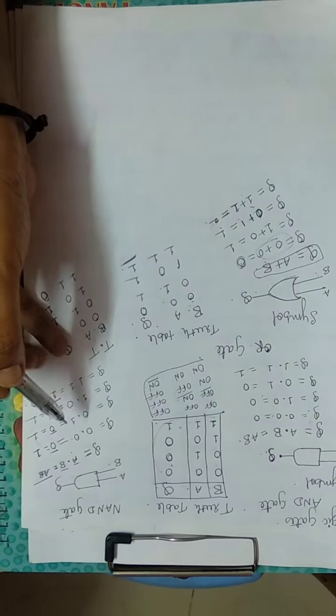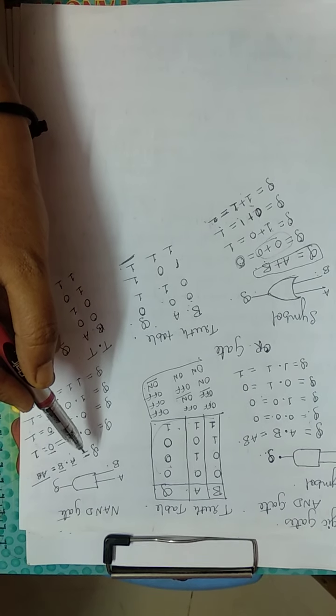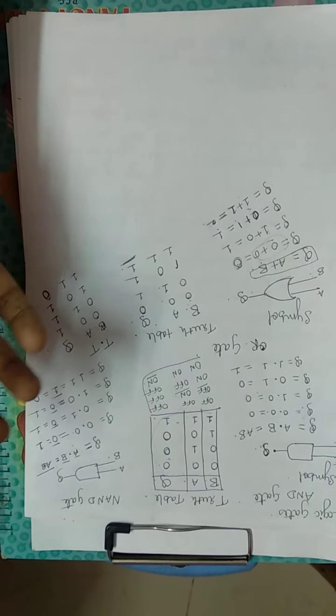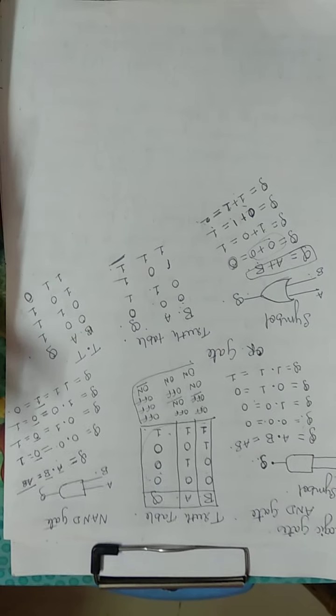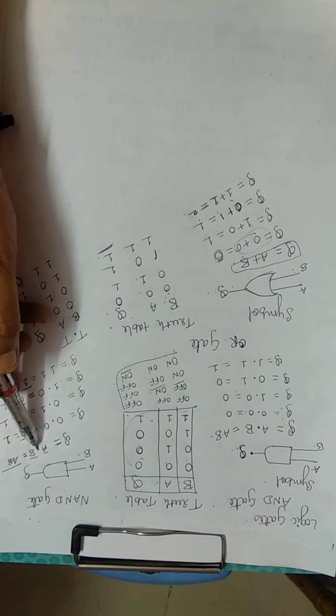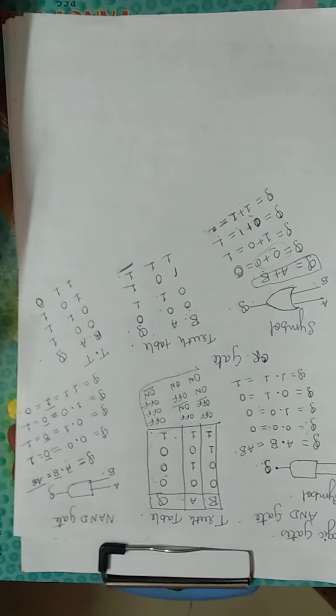Next, in the NAND gate, it is inverted, or you can say it works as a NOT gate. Q is equals to A bar into B bar, that will be AB bar.